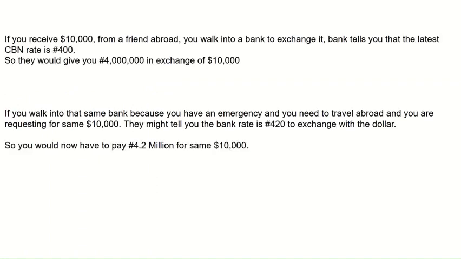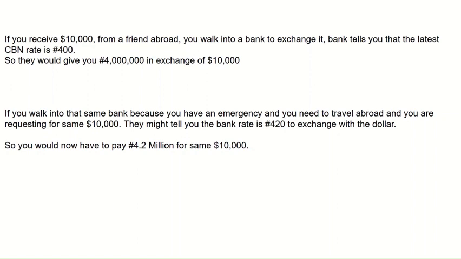So let's use a practical example. If you receive $10,000 from a friend abroad, you walk into a bank to exchange it. The bank tells you that the latest CBN rate is 400 naira. So they would give you 4 million naira in exchange for the $10,000 your friend sent to you.